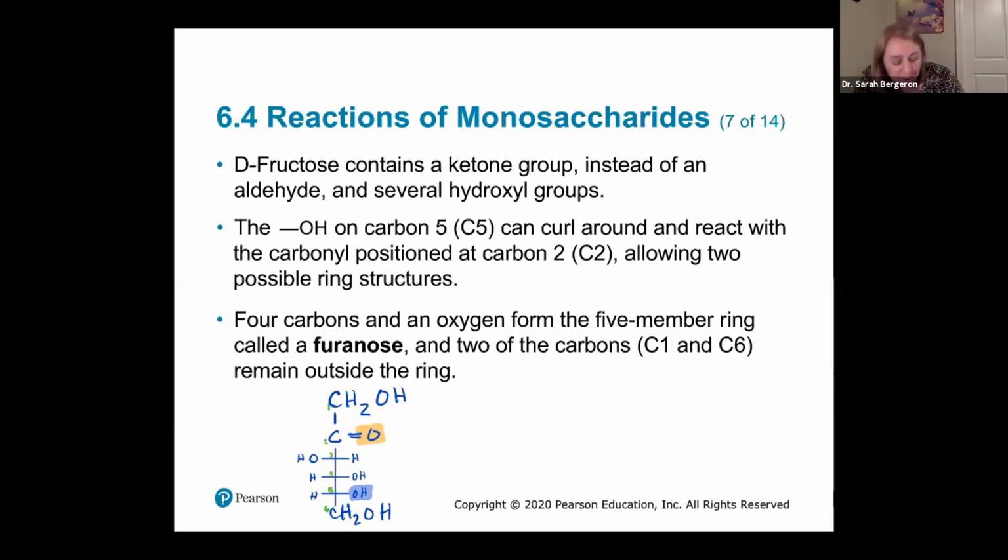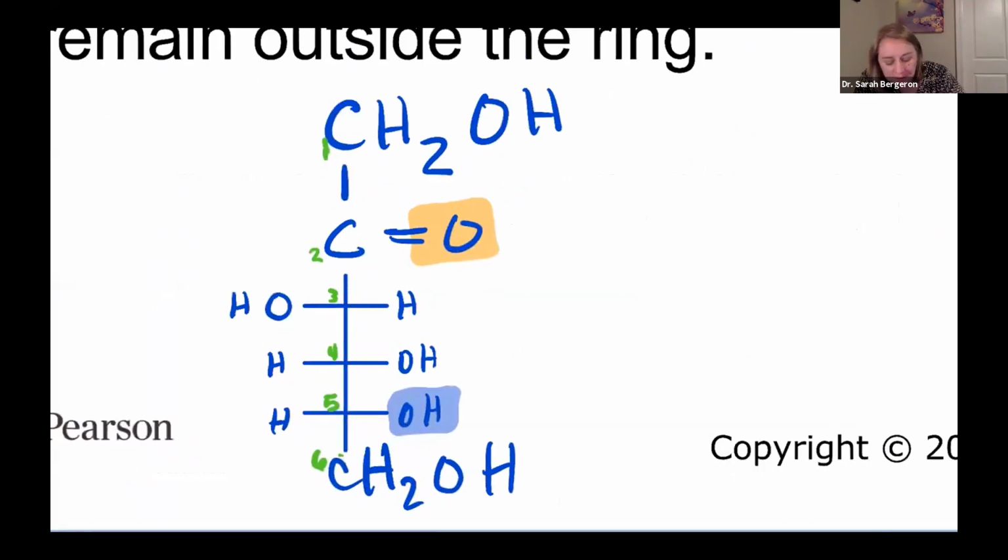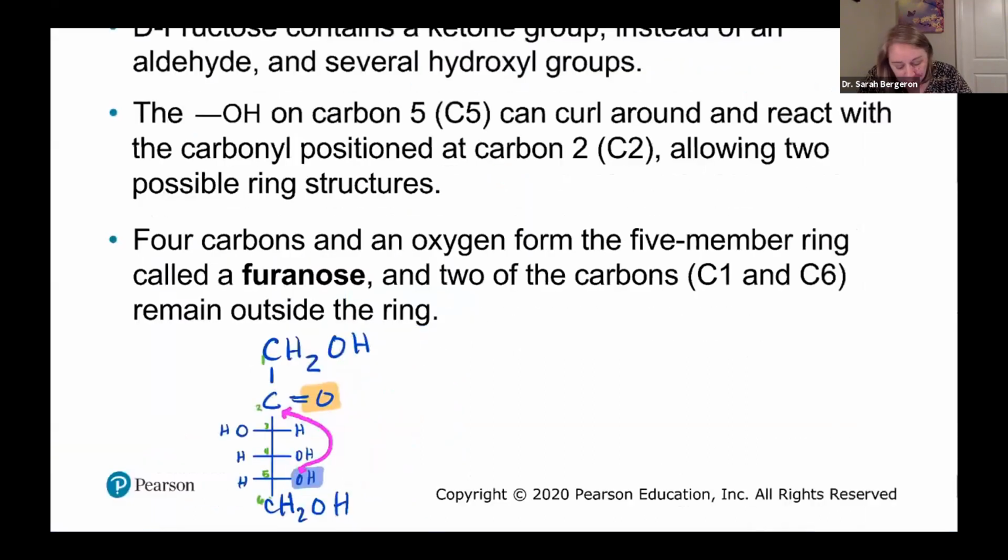carbonyl. So if you zoom in, here's just an example. If you wanna draw this, I'll show you a diagram in a minute, but it's the same basic process, right? Your oxygen is gonna come up and it's gonna make a bond with that carbon from the carbonyl. So it's the same process, but look what's different. What's different is we're gonna have fewer carbons in that ring. So it's gonna be a smaller ring.